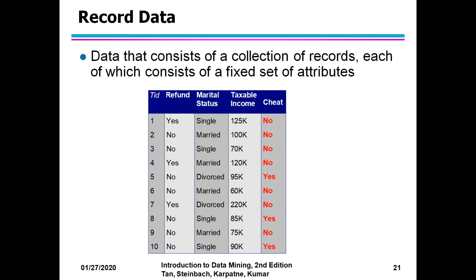For example, transaction ID is one attribute, refund is another attribute, marital status is another attribute, taxable income is another attribute, and whether a person taking a loan is paying it back, or whether a salaried person is paying the tax or not, is another attribute.